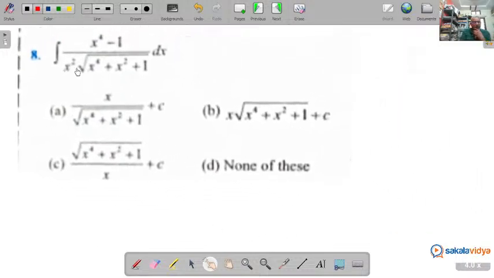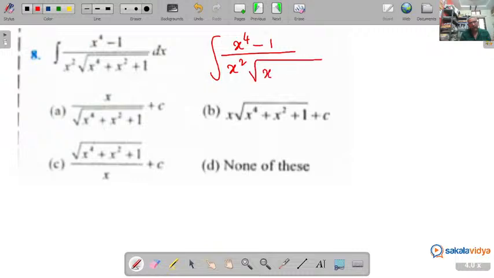Integral of, let me write once again, integral of (x to the power of 4 minus 1) upon x square into root of (x to the power of 4 plus x square plus 1) dx.